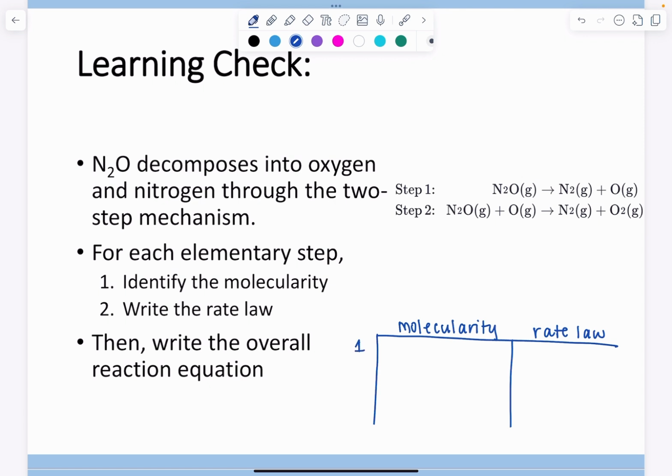Step 1, molecularity. Well, we have one reagent there, so that must be unimolecular. And the rate law for that step would be K times the concentration of N2O.